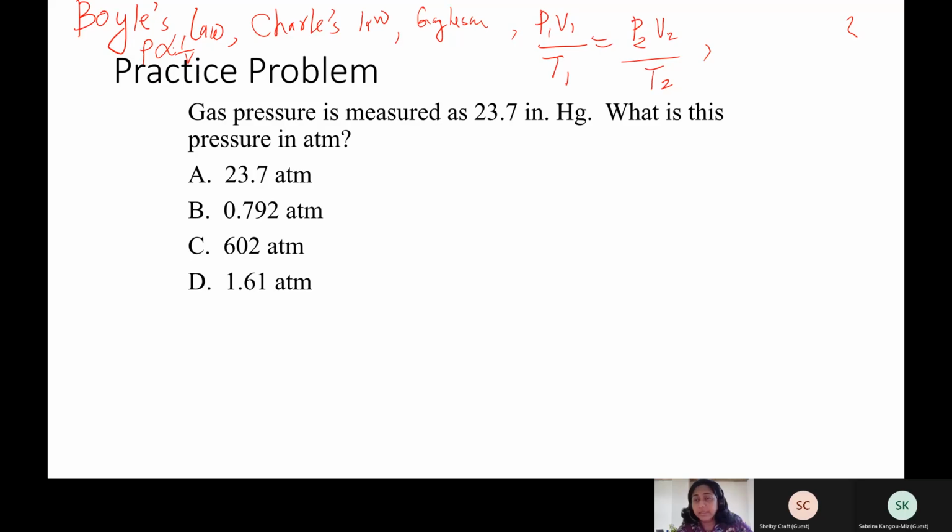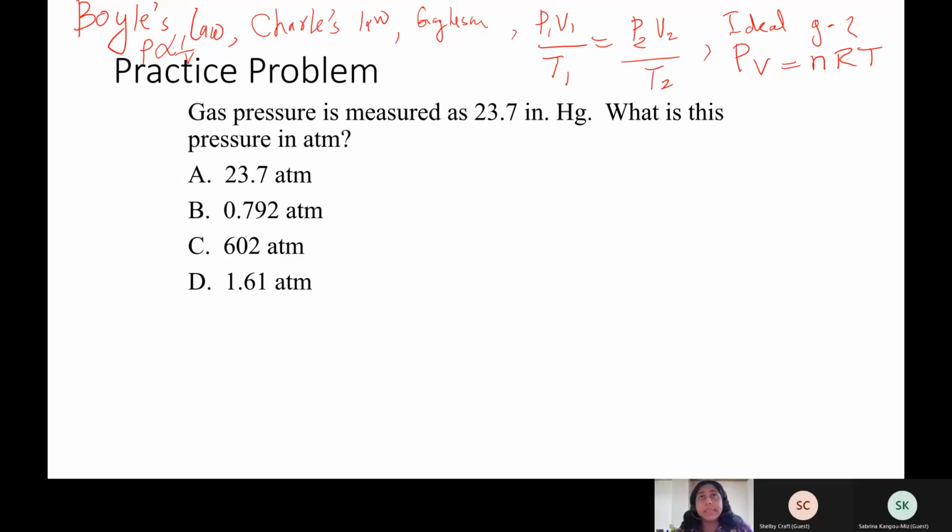Then you learned the ideal gas law equation, which is PV equals nRT. We can reorganize the ideal gas law equation to work with the densities and the amounts.